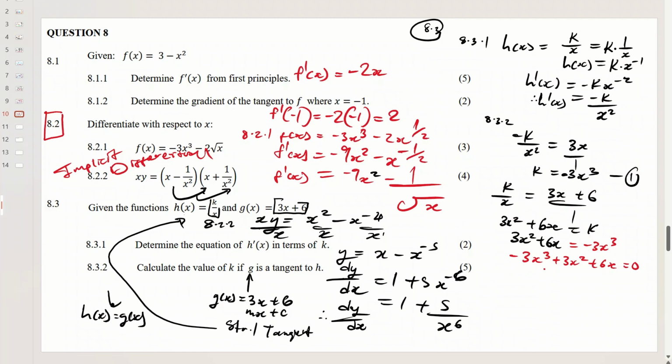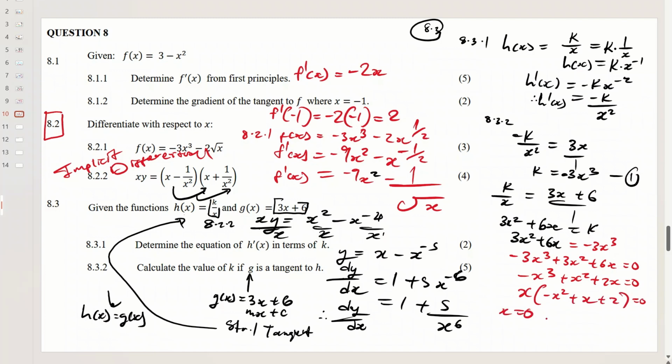So now we can simply take out x as our common factor. So we are left with negative times that, and then divide both sides by 3. So you'll have negative x cubed plus x squared plus 2x equals 0. And then take out x as a common factor and have something like this: x squared plus x plus 2 equals 0.